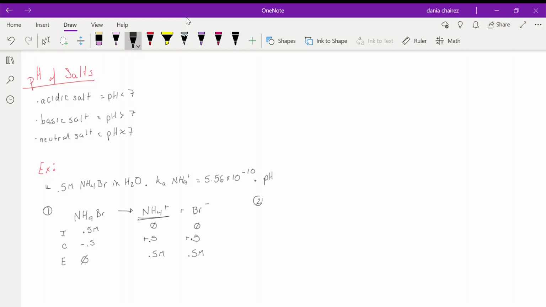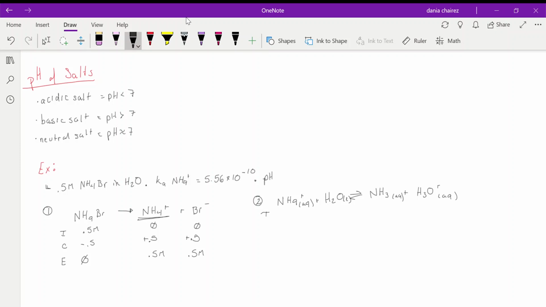So then step 2, we take NH4 plus, add water to it, and now we do have double arrows because this is a weak base, well, conjugate of a weak base, so it is going to go back and forth. So we're going to end up with ammonia plus our hydronium ions. And then this is a liquid. These are aqueous and aqueous.